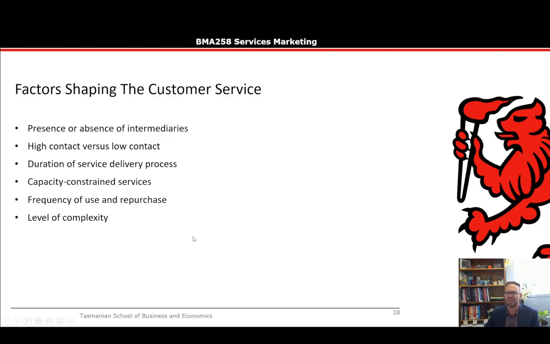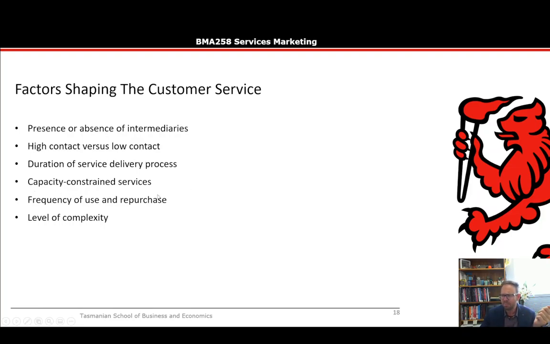All right, now factors shaping the customer service. So we've got presence or absence of intermediaries, high contact versus low contact, and these go right back to the beginning of this unit where we're talking about what is service, the duration of the service delivery process. Some services take a very long time to deliver, others are very quick, and that's going to impact how we design our customer service elements.